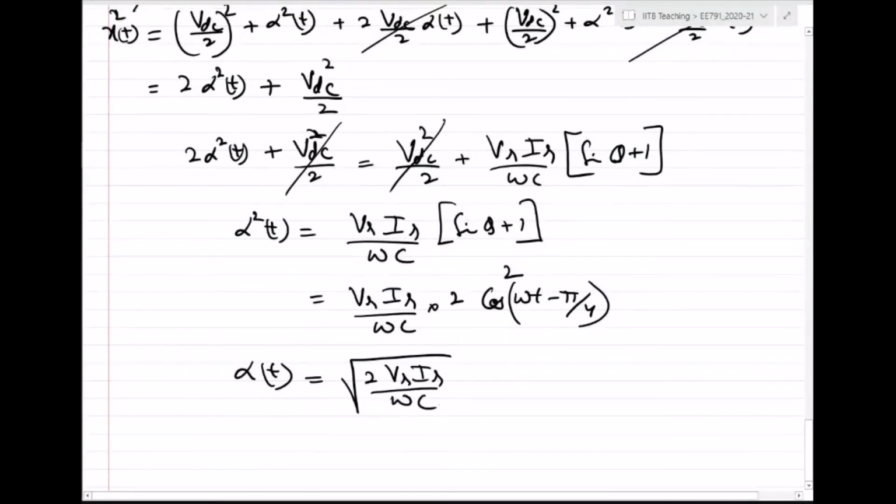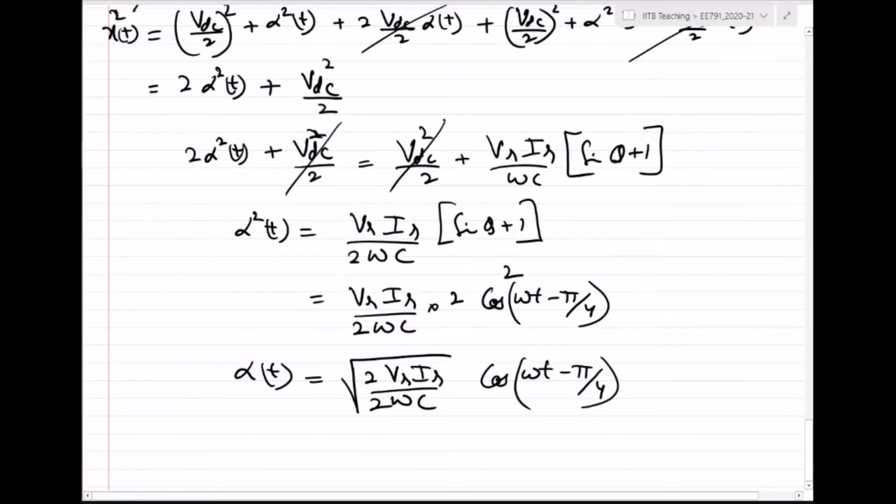Sir, 2 is missing, I guess. Yeah, one more 2 I've missed. Thank you. So this 2 will come in the denominator and it will cancel out the top 2. And cos of omega t minus pi by 4.